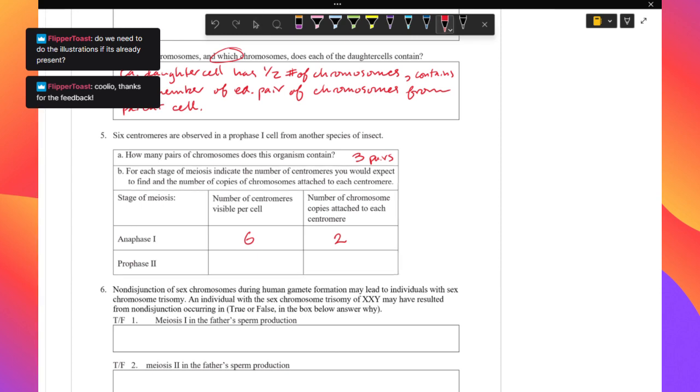Prophase 2, we've got 3 centromeres visible per cell for these 3 pairs. And now, it's new, we have 2 chromosome copies attached to each centromere after prophase 2.